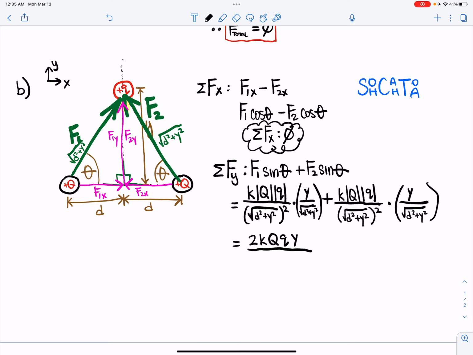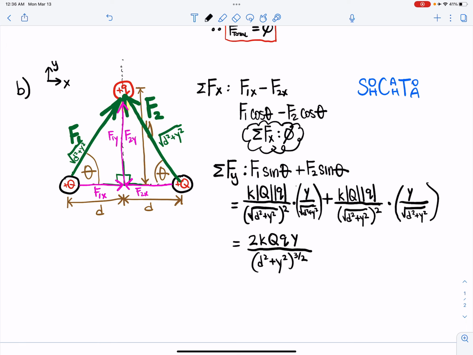So that would be d squared plus y squared to the 3/2, right? Because x to the 2 times x to the 1/2 is equal to x to the 3/2, but instead of x, I have d squared plus y squared. Okay, so I've got that.